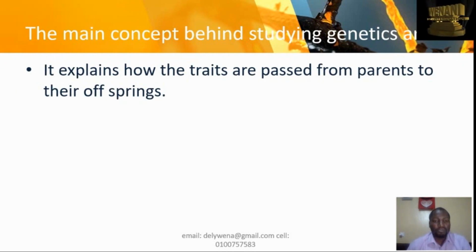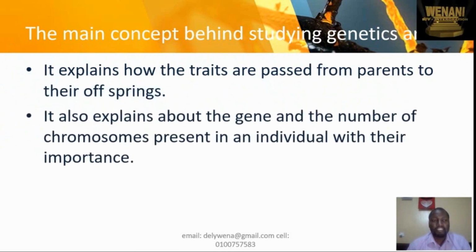We shall be able to know how some of the characteristics we possess were passed from parents to us, how some of the characteristics were not passed, and how maybe we are different from the others. It also explains about the gene and the number of chromosomes present in an individual with their importance. We shall look at the chromosome number in an individual, and perhaps what is the importance of those chromosomes.